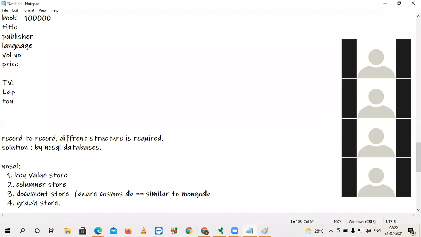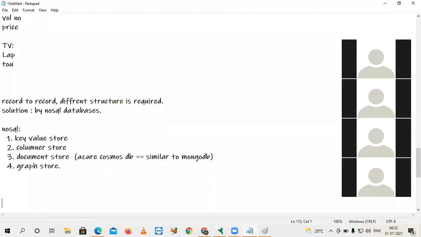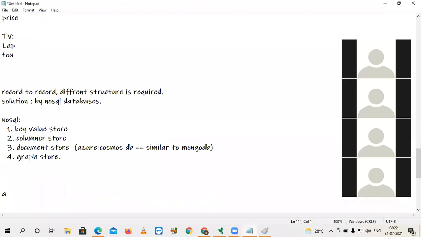Did all of you understand the purpose of a NoSQL database? MongoDB is a NoSQL database, correct. MongoDB is for on-premise systems. Similar to MongoDB, in Azure as a cloud database, we have Azure Cosmos DB. In this way, as a data engineer, your challenge is that the sources can be very different.